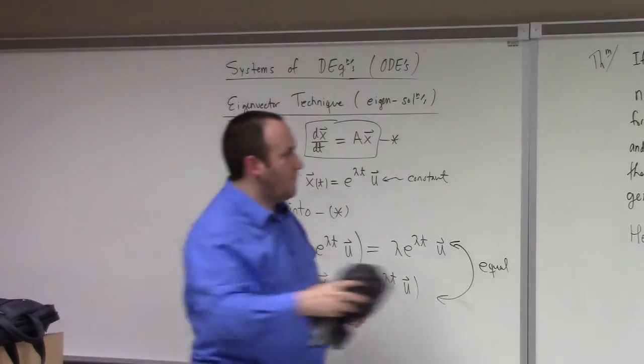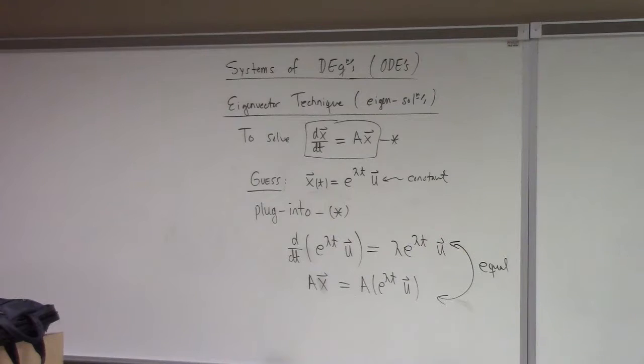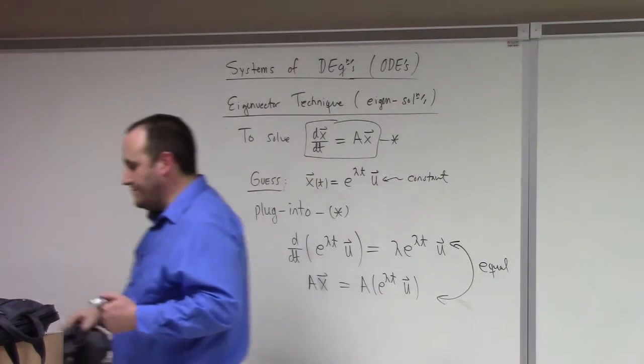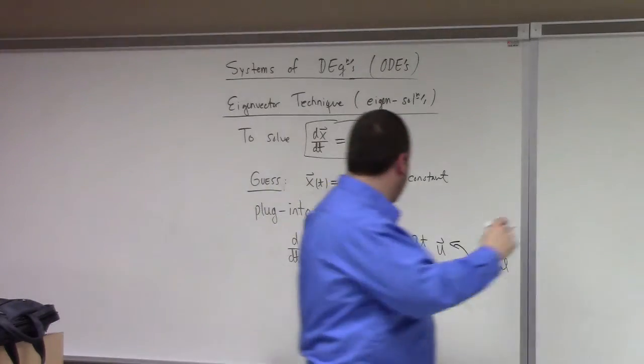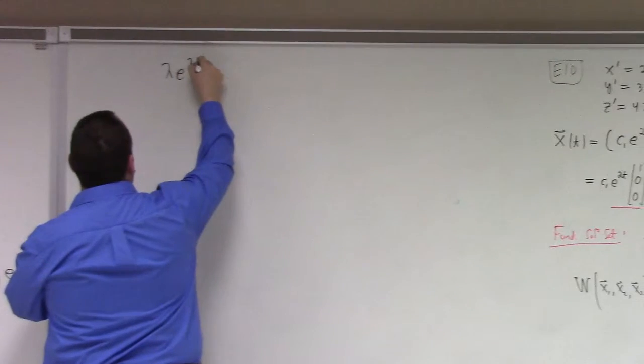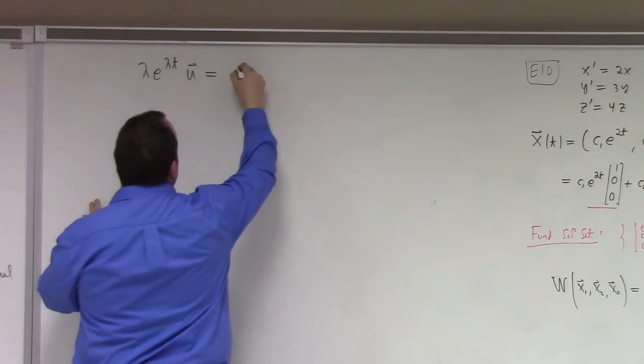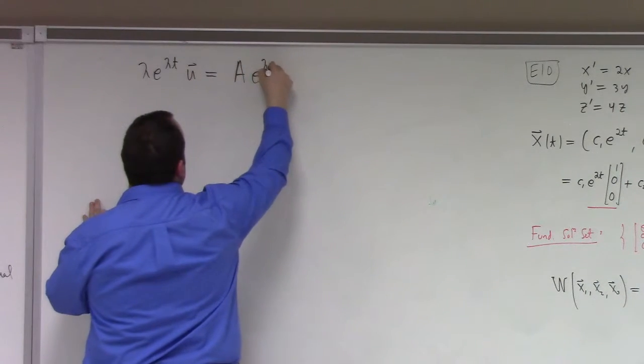So let's write that out. We need to have λ e^(λt) times the u vector equal to A e^(λt) times the u vector.